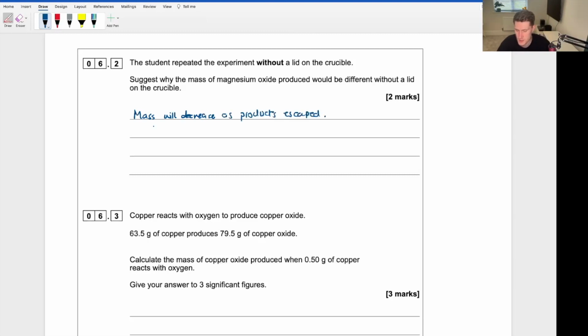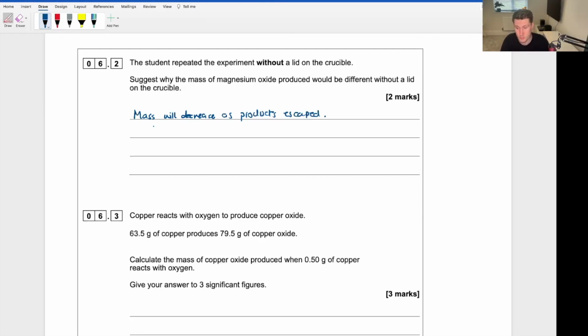The next one says copper reacts with oxygen to produce copper oxide. 63.5 grams of copper produces 79.5 grams of copper oxide. Calculate the mass of copper oxide produced when 0.5 grams of copper reacts with oxygen. Give your answer to 3 significant figures. Right, well, what I want to see now is if I take 63.5 grams of copper, how much has it increased by?